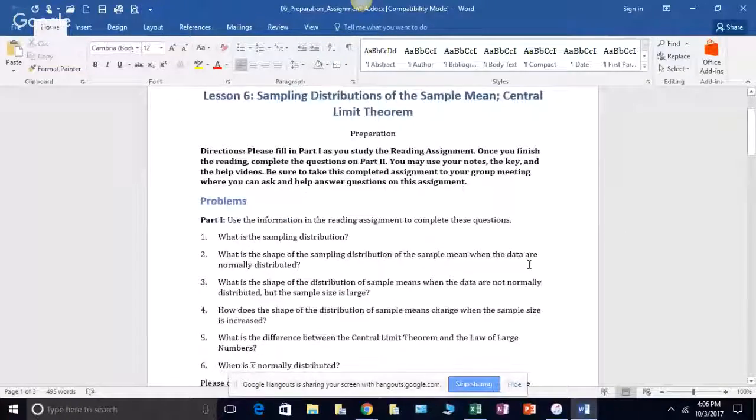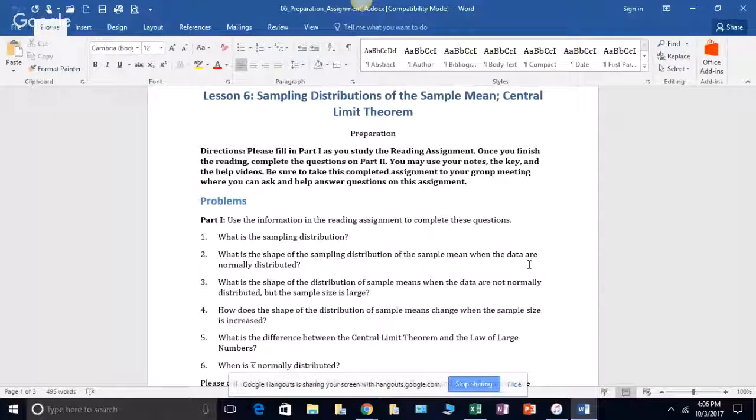Yeah. All right. So, what is the sampling distribution? I put it was the distribution of all possible means for a particular sample size. That is about what I concluded myself. It's basically taking it from the actual population, like you said. Okay, what is the shape of a sampling distribution of the sample mean when the data are normally distributed?